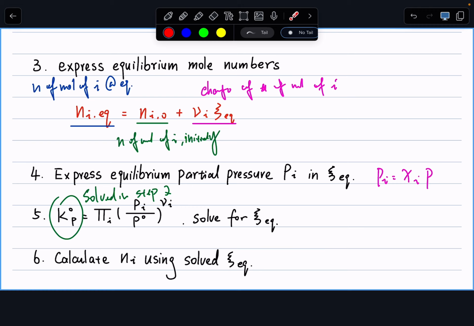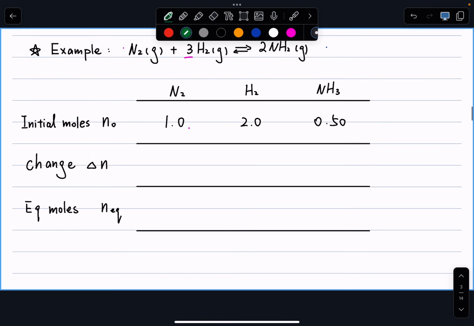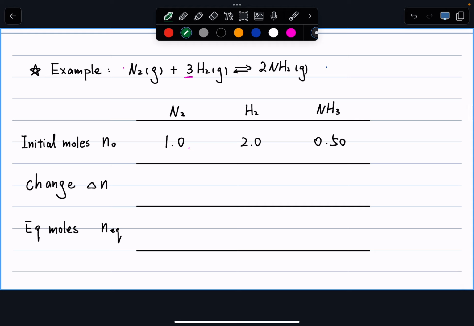Again, we'll see one example that makes this more straightforward. If you have your notes, we can do it together. Let's use our ammonia reaction as an example, just to refresh your memory. You can have the initial number of moles of your N2, H2, and NH3. Let's say initially in the reaction mixture, we have 1 mole of N2, 2 moles of H2, and 0.5 mole of NH3.